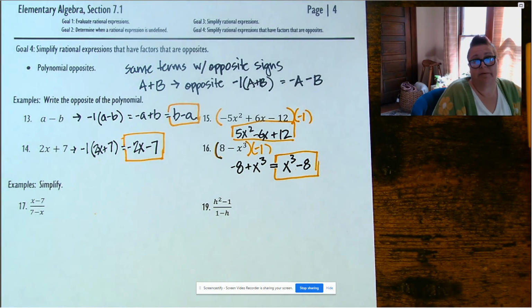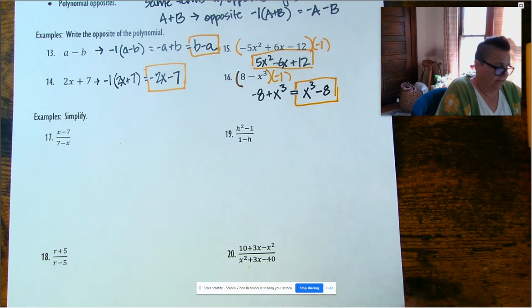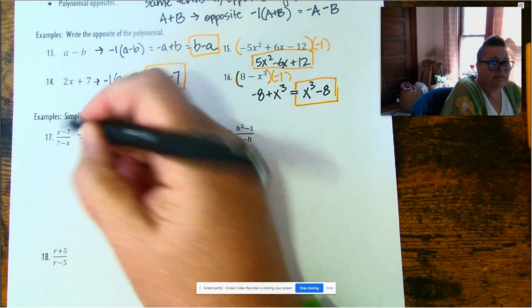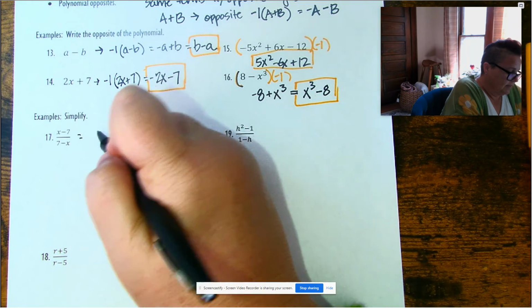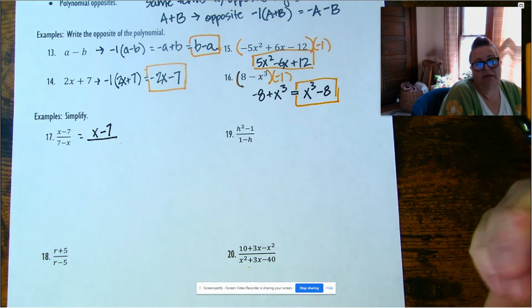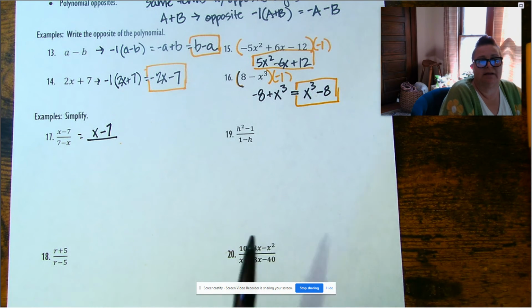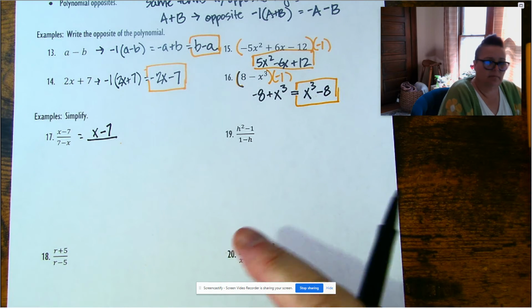Let's take a look at problem number 17. If we're looking at problem number 17, the x minus 7 will stay exactly the same. This is x minus 7. However, in the denominator, do you notice that you have the same terms, the 7 and the x, but they have the opposite signs?